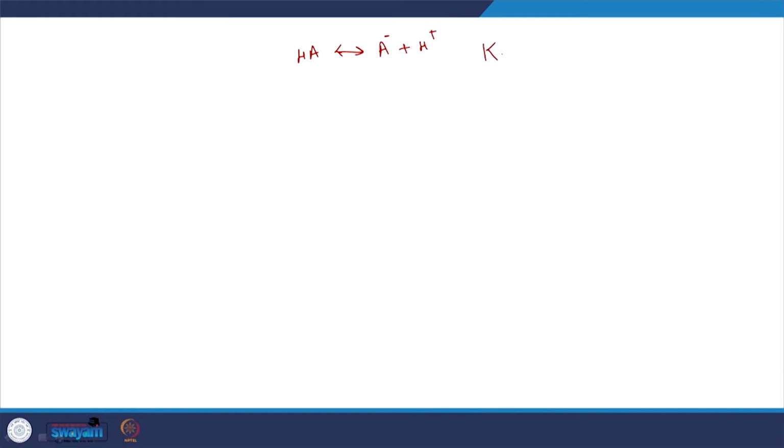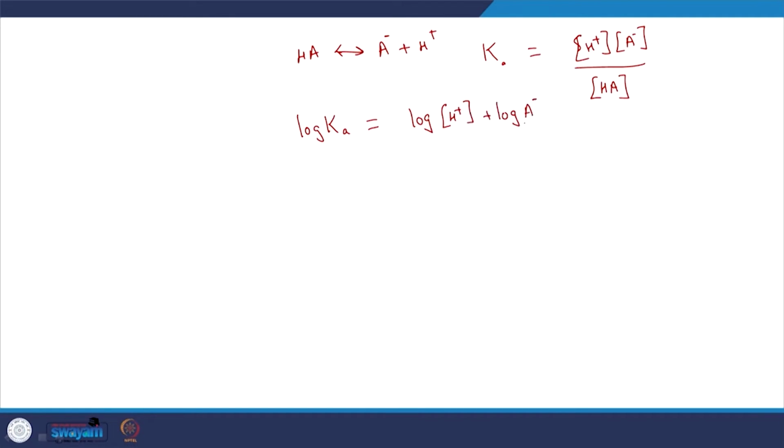So for this, the equilibrium constant Ka is the concentration of H plus times A minus, the products, over the reactants. If I take the logarithm on both sides, log Ka will be equal to log H plus plus log of A minus by HA.